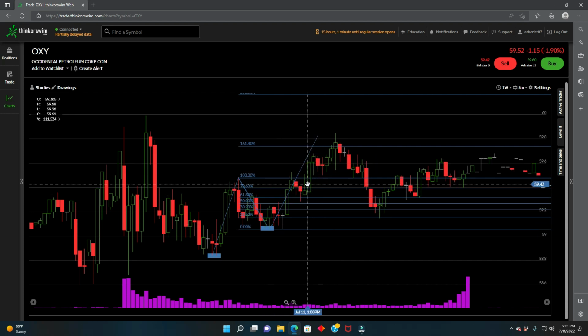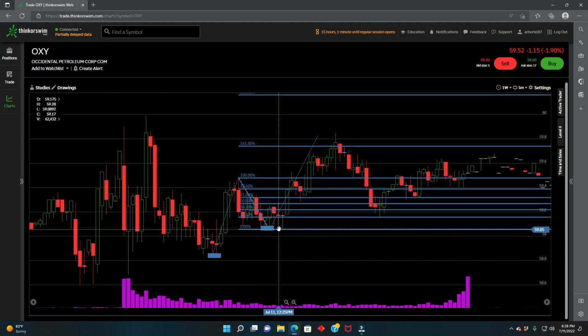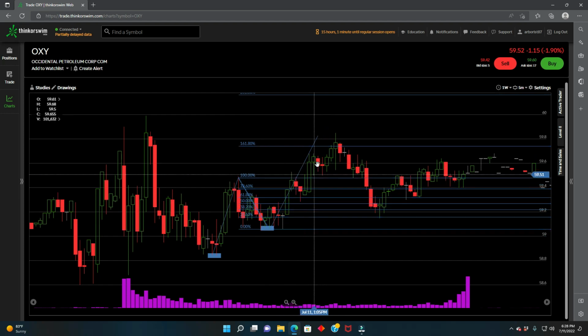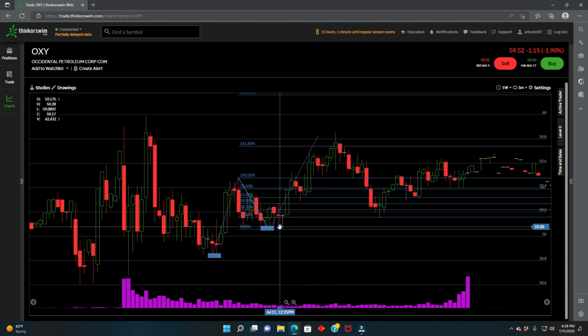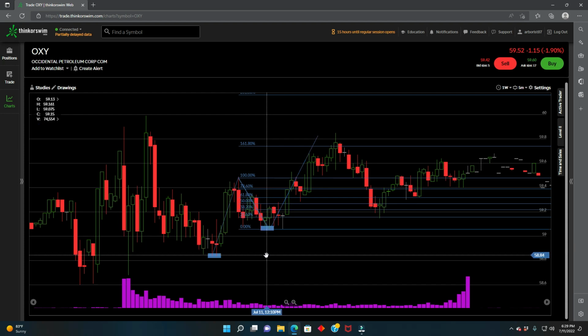So now here's what I love about the ABCD pattern so much. It allows you to have a maximum amount of reward as opposed to your risk. If you were to enter this trade at your point C, that would be at 59.05, and then you placed your stop loss slightly below point A, which is 58.84, you'd place it at 58.82, maybe 58.83.